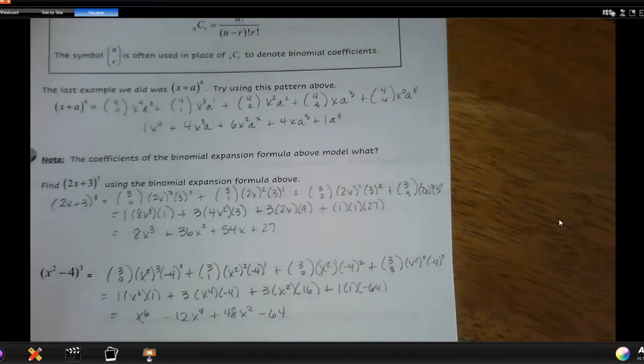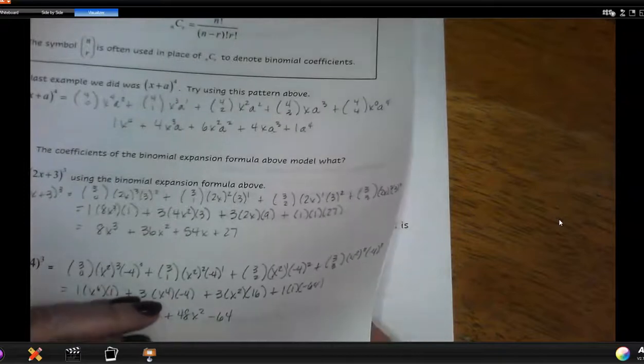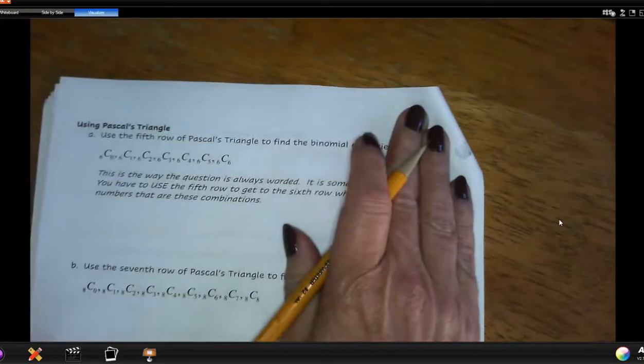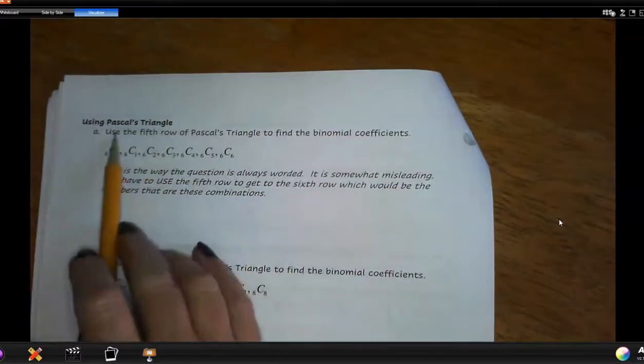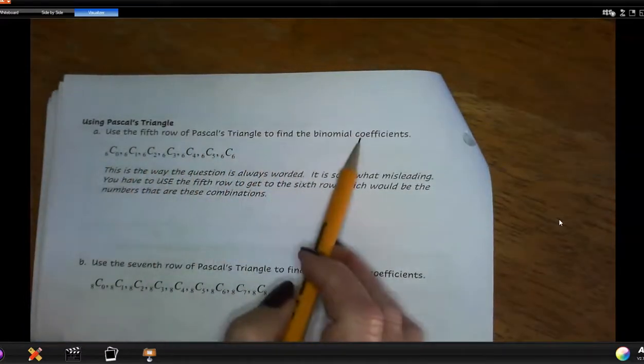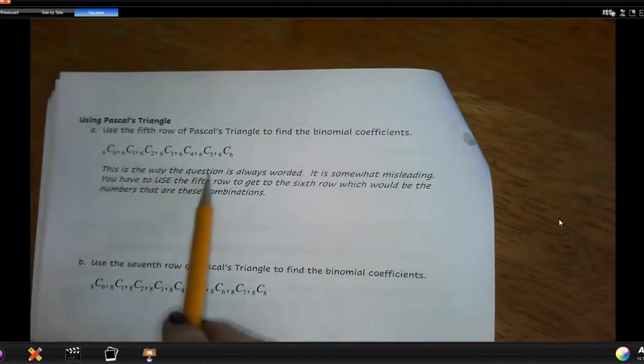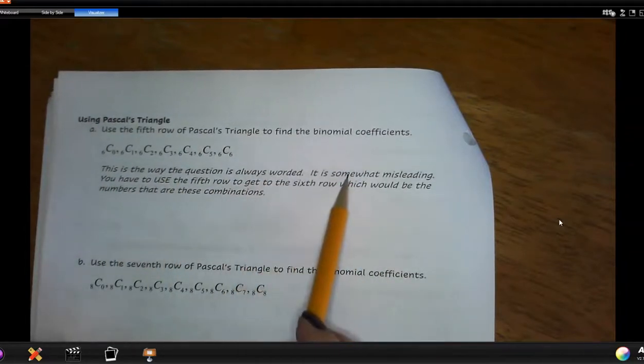And then the last couple little tidbits of how this works. Sometimes you're going to be asked to use Pascal's triangle, and it says use the fifth row to find the binomial coefficients. So we wrote you a note that this is the way the question is worded. It seems misleading.